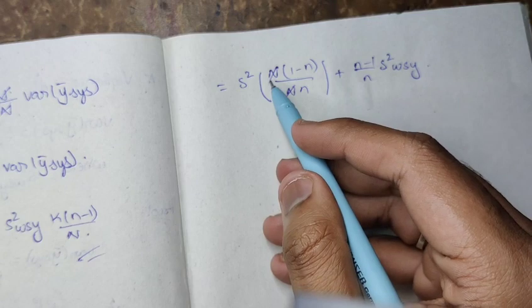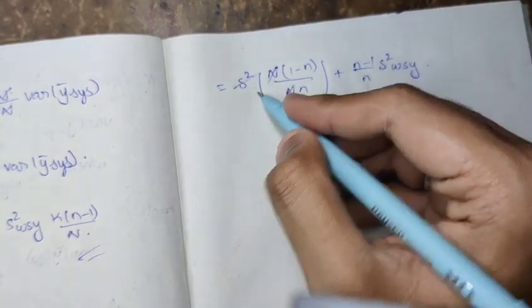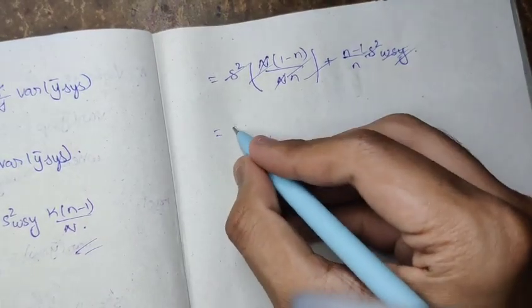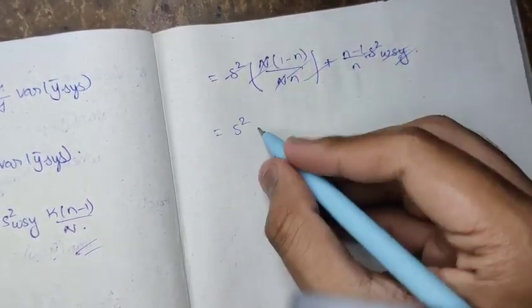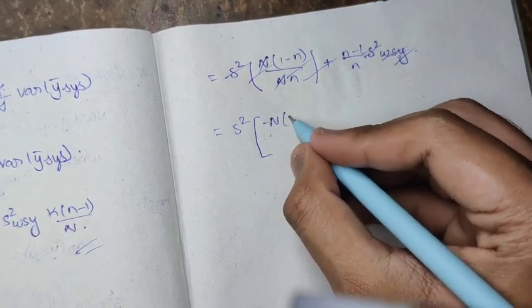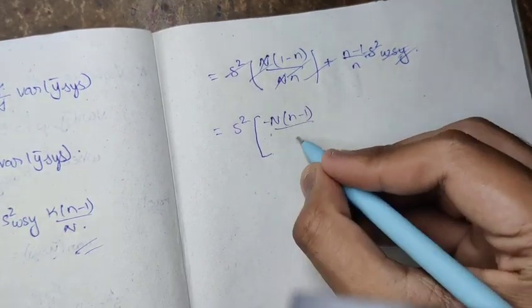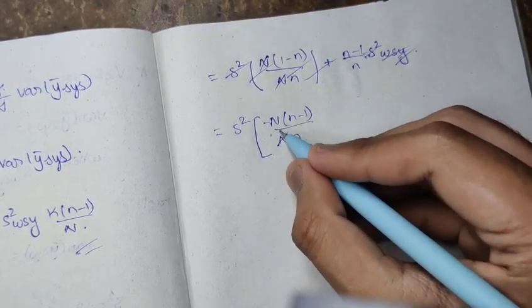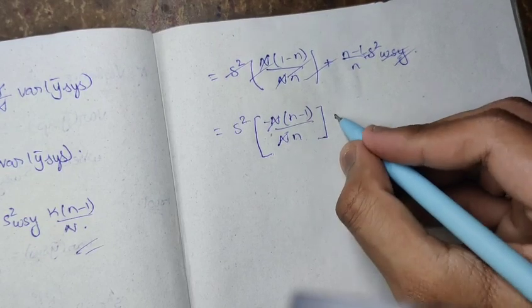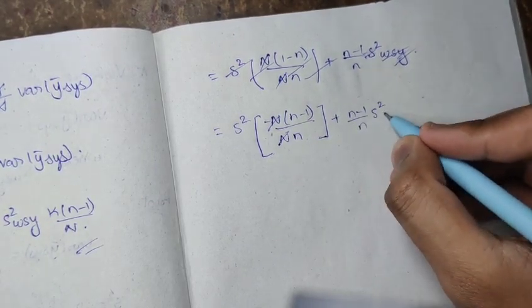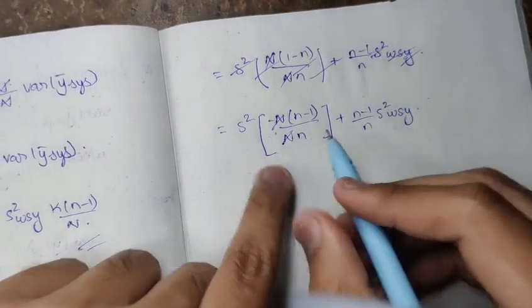Here I made a small error. I'll just cut the entire thing out. I'll take minus N out. If I take minus N out, then this will become (n minus 1) by N. Now we can cancel out the N's, plus (n minus 1) N s square WSY.